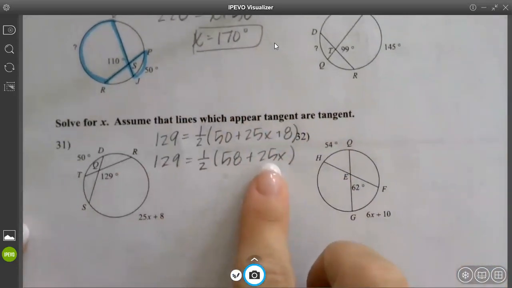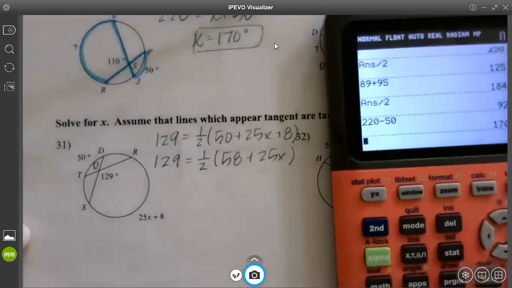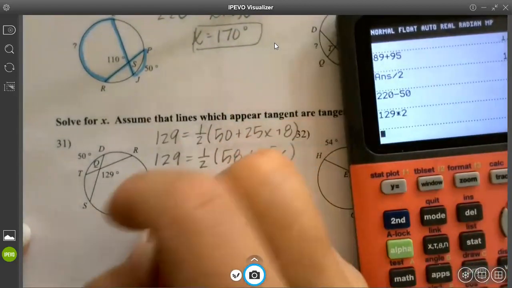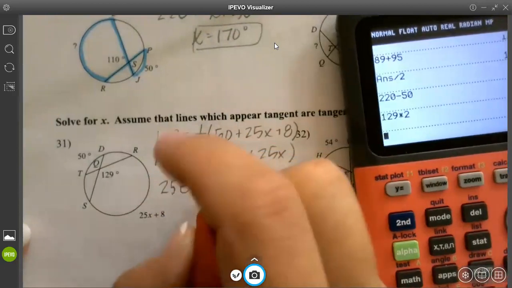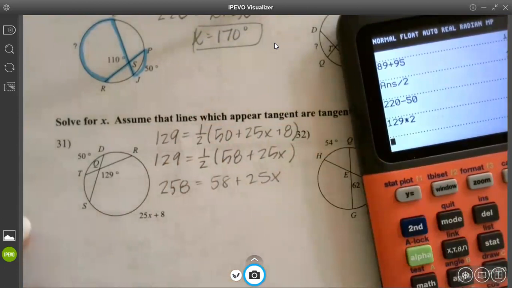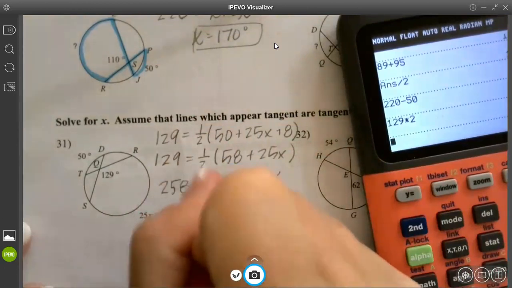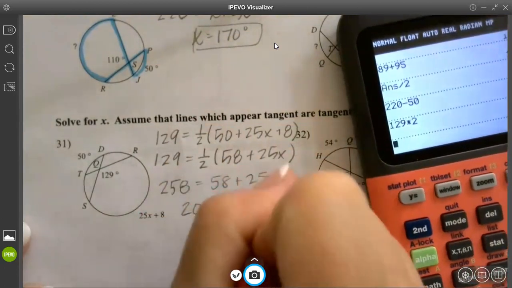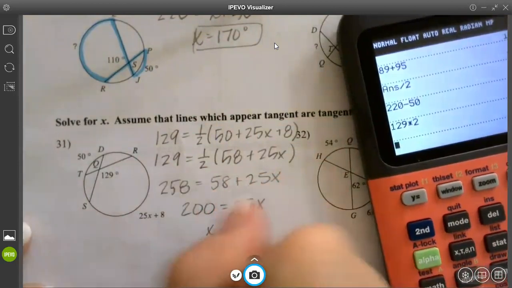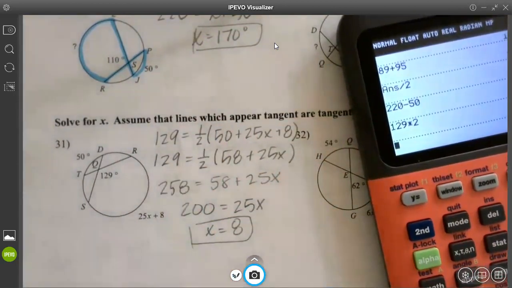Since 25 is odd, I'm going to go ahead and multiply the other side by 2, which gives me 258 equals 58 plus 25x. Subtract your 58. You get 200 equals 25x. Divide by 25. And x equals 8.